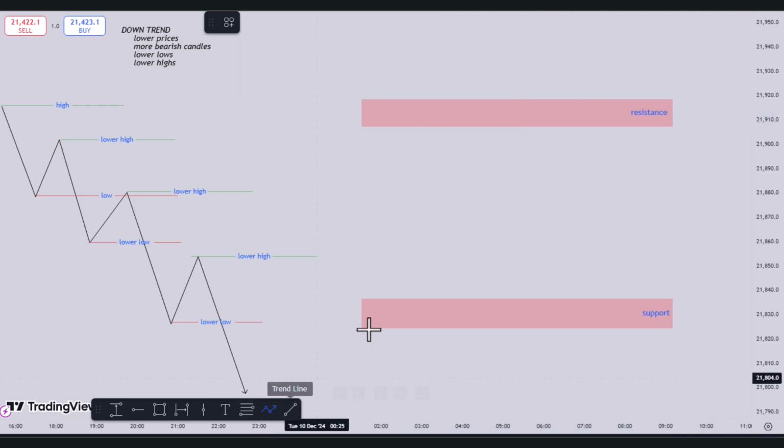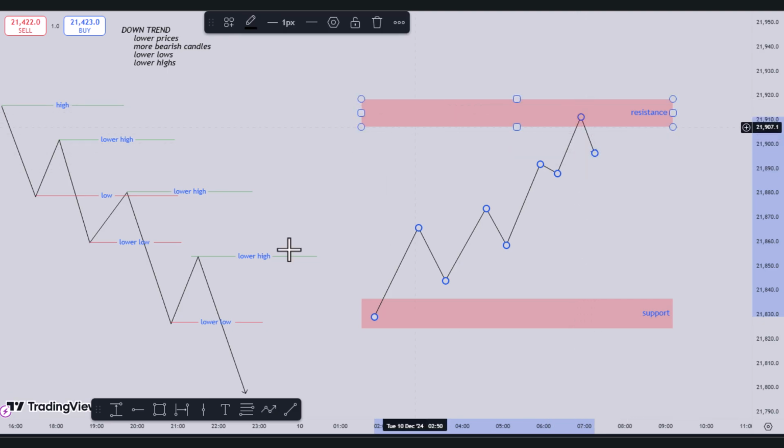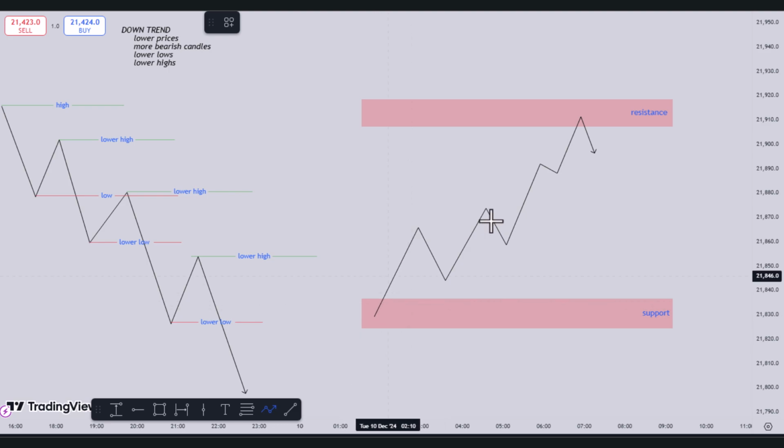So price shall move from the support area. That means it's moving in a bullish move until it reaches a place where it is resisted from continuing upwards. That means it's now going to turn bearish. Understand?